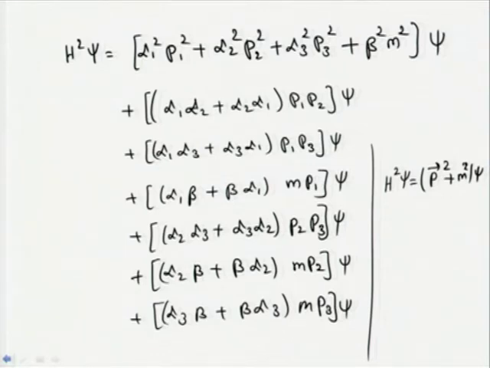Either some of these components are zero, if P1 equal to 0, P2 equal to 0, P3 equal to 0, M equal to 0, then everything is fine, but that anyway will give you a null result, H square equal to 0. So, that cannot be. But then the other thing that can happen is the coefficient of P1 P2 identically goes to 0.